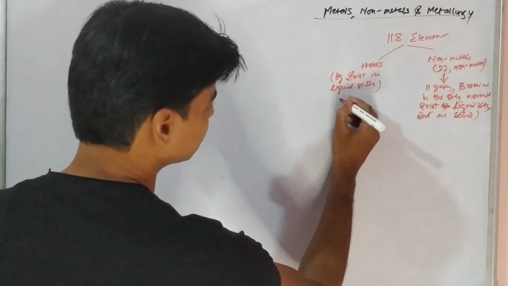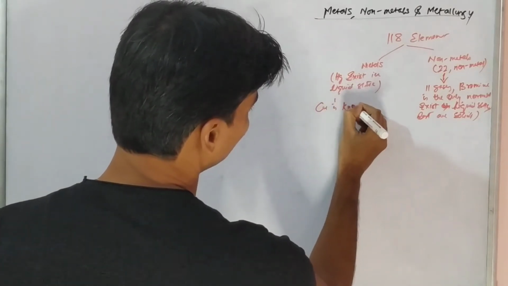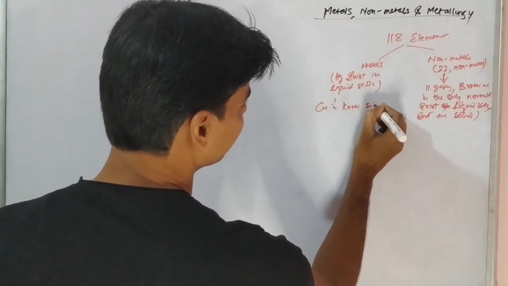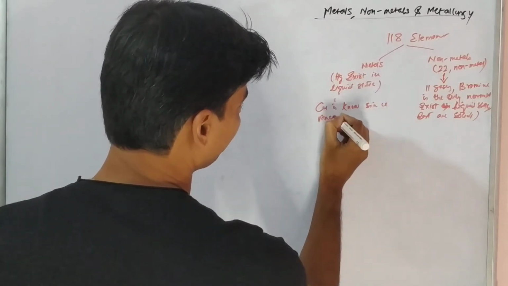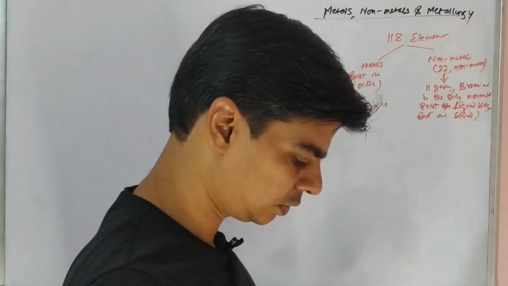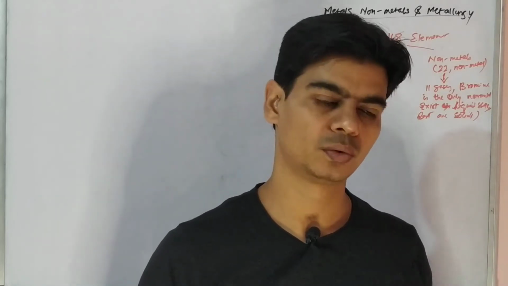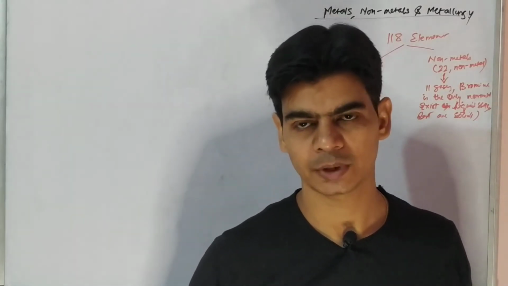So we write it as copper is known since ancient times. And there are other metals that are known to mankind like lead, mercury, gold, silver. All these metals are known since very old times.